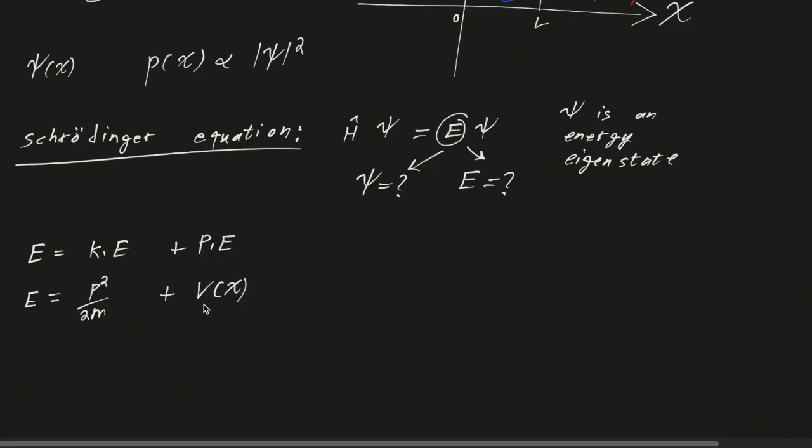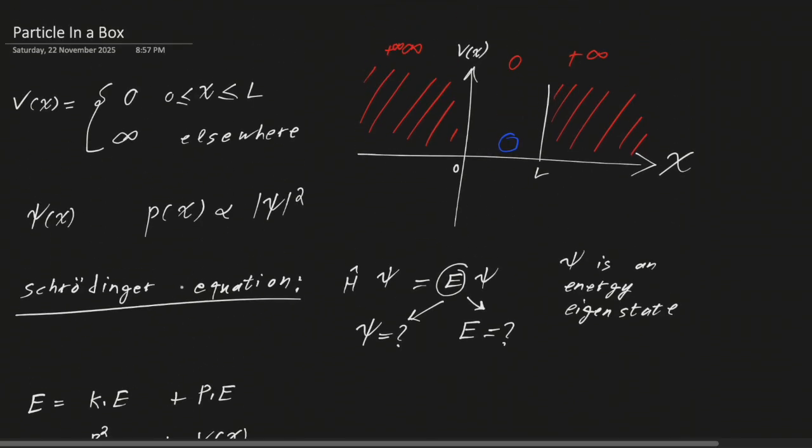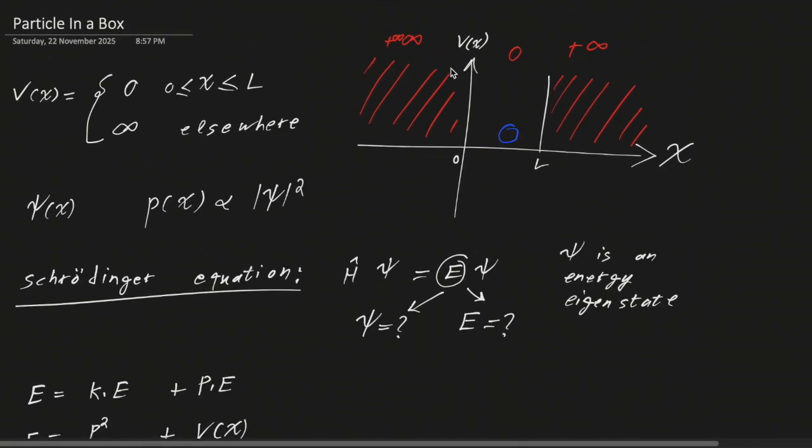In our case here, we know the potential, it's a piecewise potential, so it's infinity outside of the box and it's 0 inside of the box.